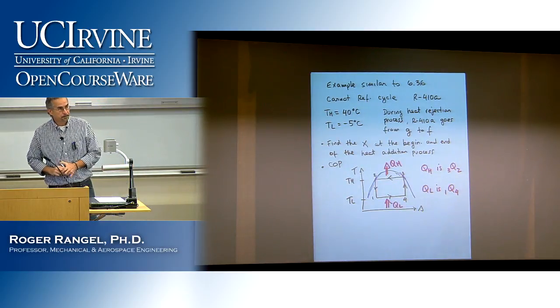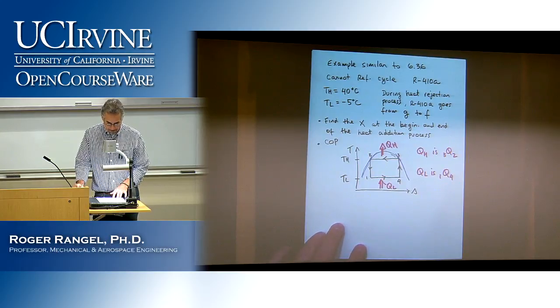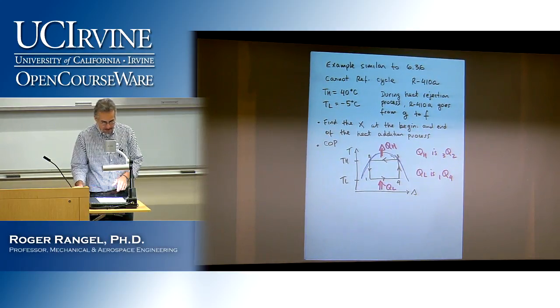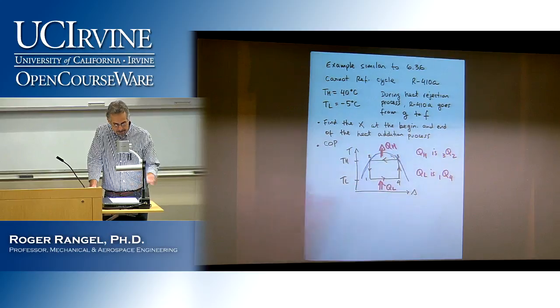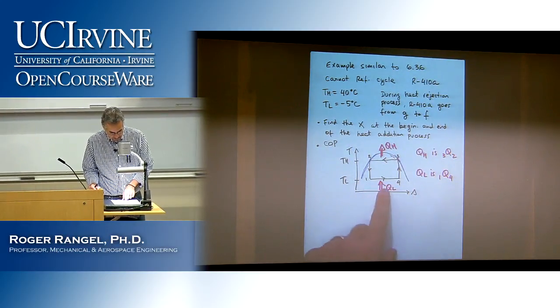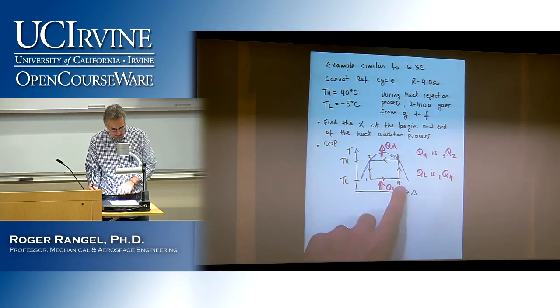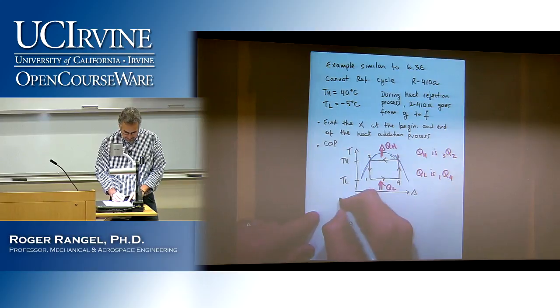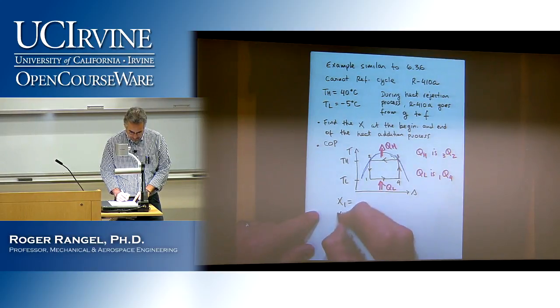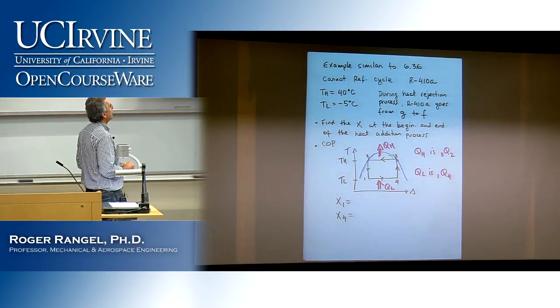That's my dome. All right. So, of course, what they're asking me are the qualities at the beginning and at the end of the heat addition process. The heat addition process is the Q sub L. So what they're asking me to find is quality at 1 and quality at 4. Right? Now I have established that I need to find those qualities.